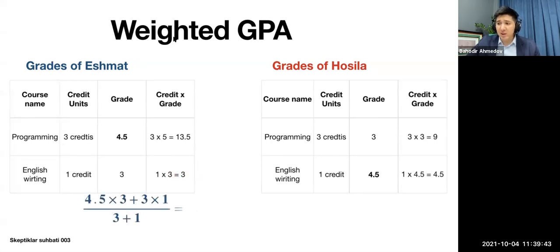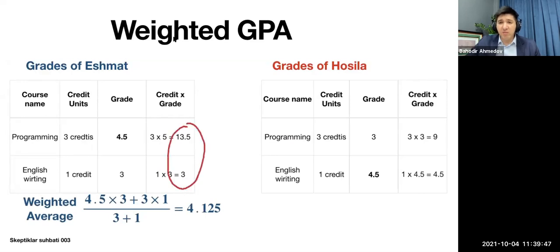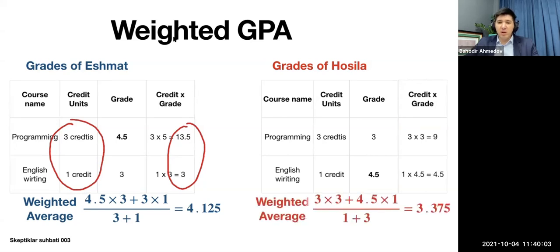What is next is, I'm just going to add these 2 numbers. And now, instead of dividing by the number of subjects, which is 2, I'm going to divide by the number of credit units per semester, which is 4 in this case, okay? And this is going to be 4.125. And if I do the same for Hasila, it's going to be 3.375.